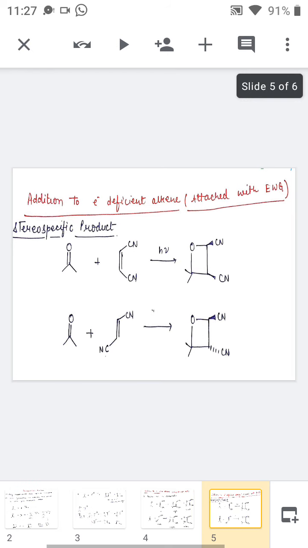Then, if our alkene is attached to an electron withdrawing group, and it is cis, we will get the same cis compound, and if it is trans, we will get the same trans compound in the Paterno-Büchi reaction.